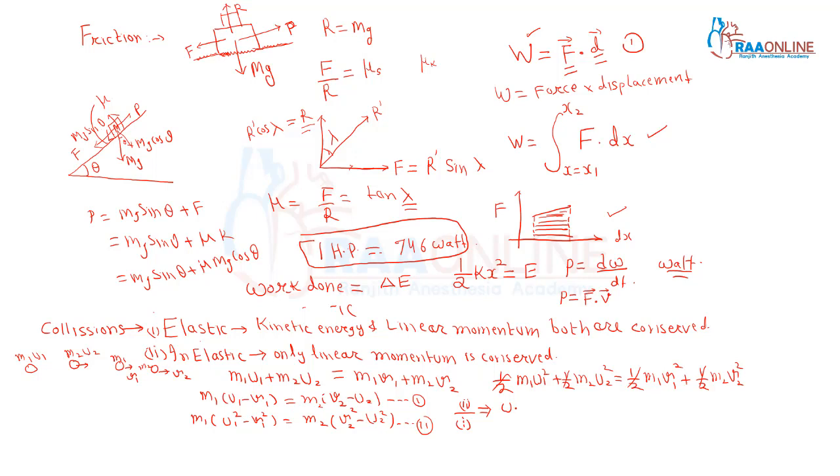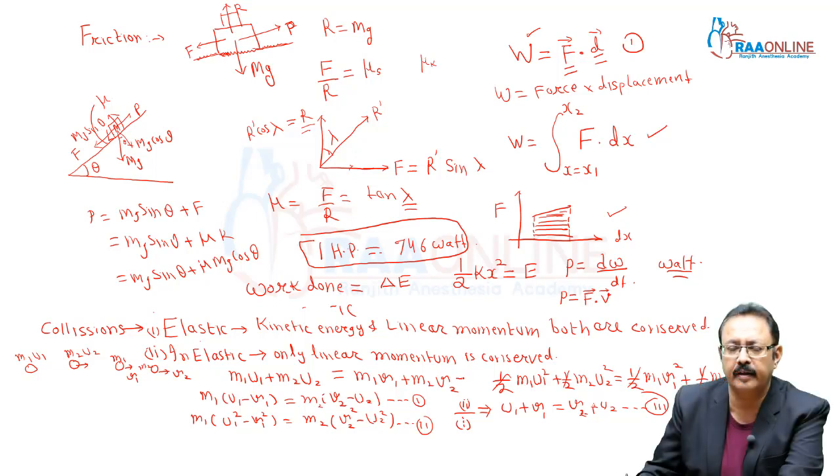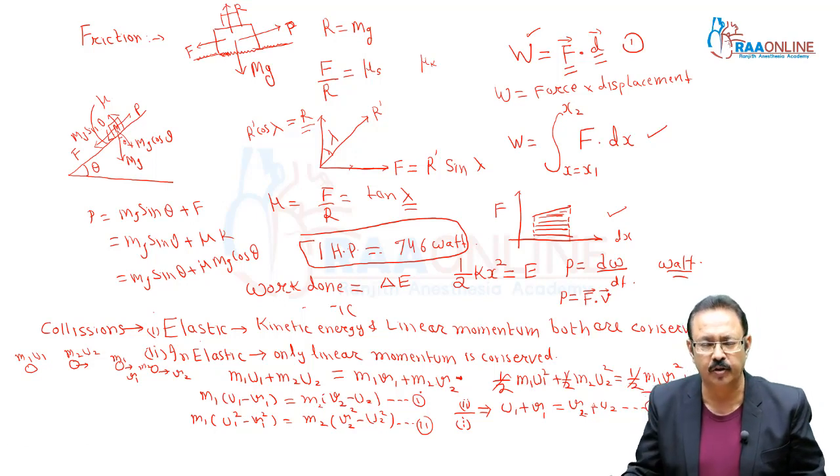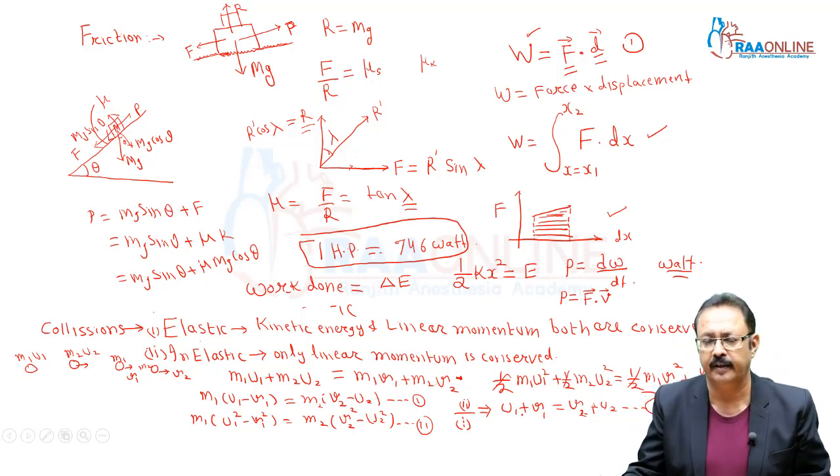So you will get u1 plus v1 is equal to, on this side, v2 plus u2. So now solving 1 and 3 is very easy. Give it an equation number. This original equation and this third equation. Solving this is very easy.